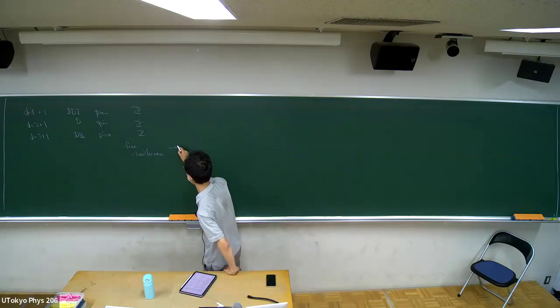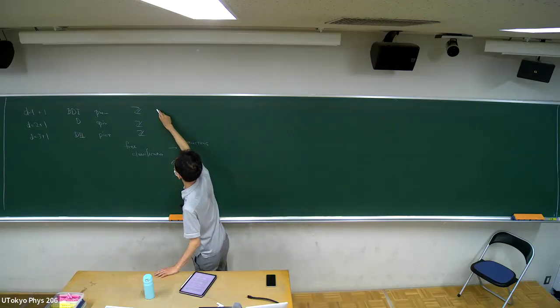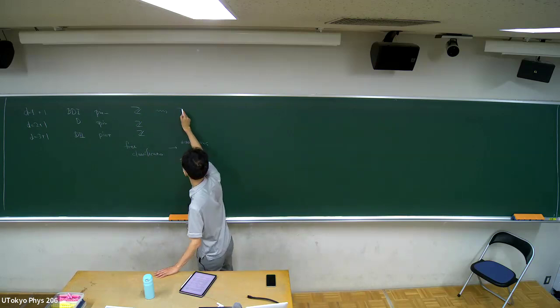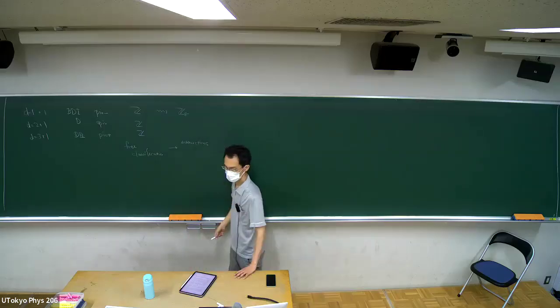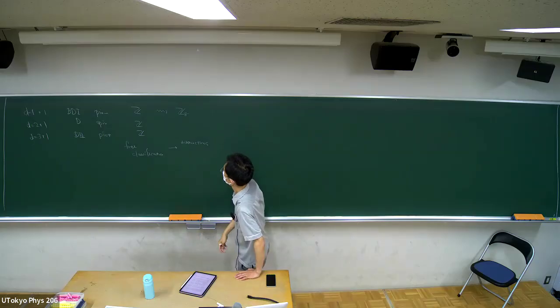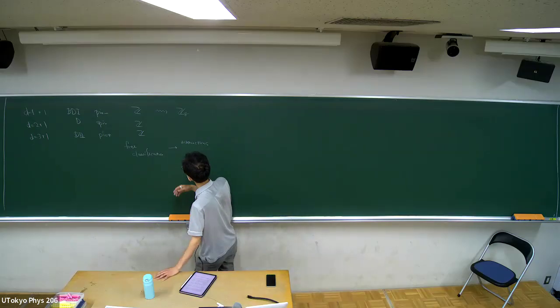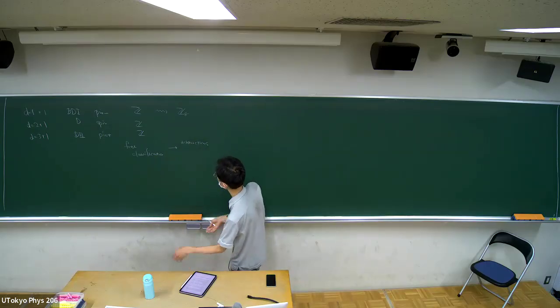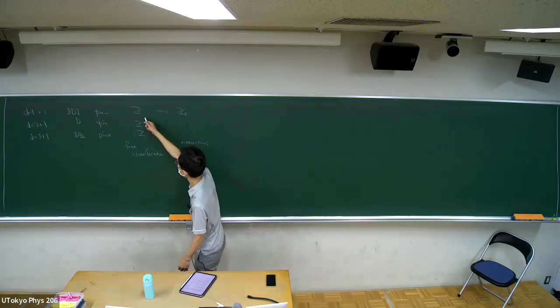However, it's known that if you allow interactions, then this Z classification becomes Z8, in the sense that if you have 8 massive fermions, then you can add interaction terms and continuously connect it to the 0 case.